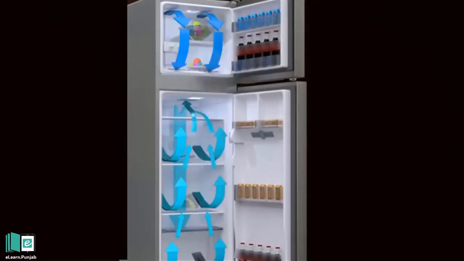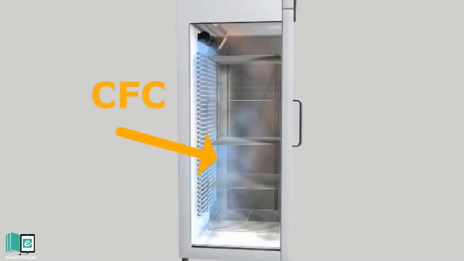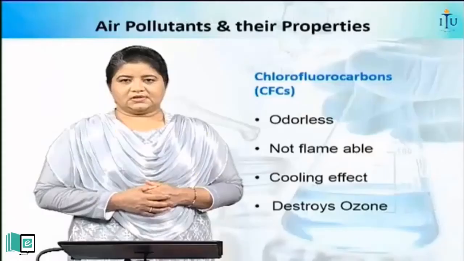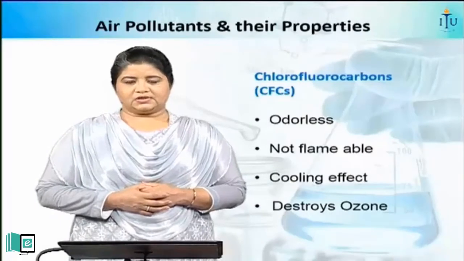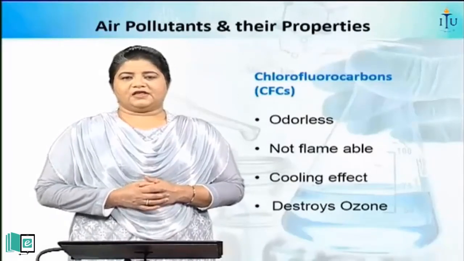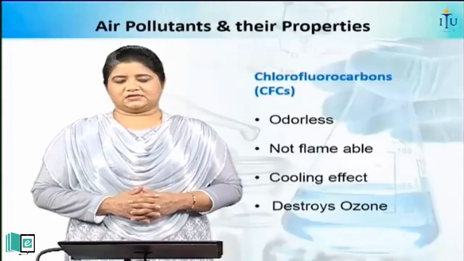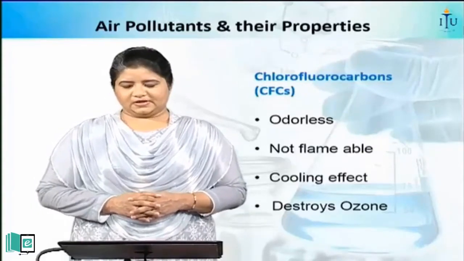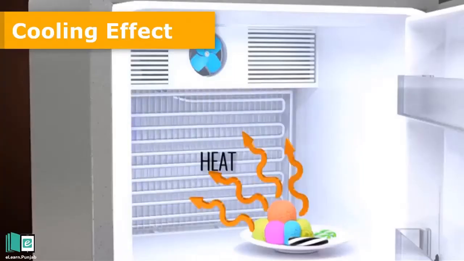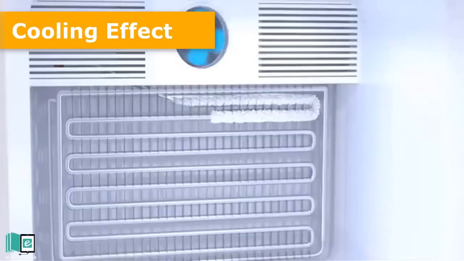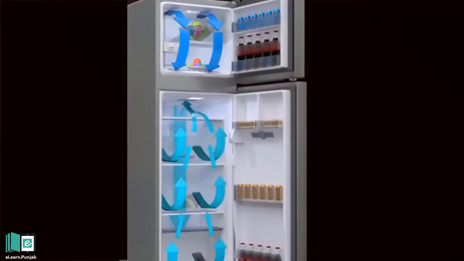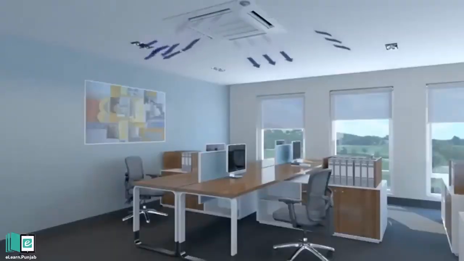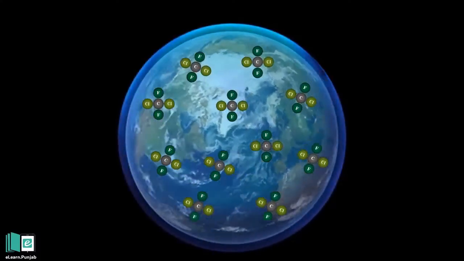Yes, you know that chlorofluorocarbon is used in the refrigerator. Do they have any color? They have no color, nor are they flammable. An important property of chlorofluorocarbon is that it produces a cooling effect. Therefore, these gases are used in your refrigerators, air conditioners, and fridges.